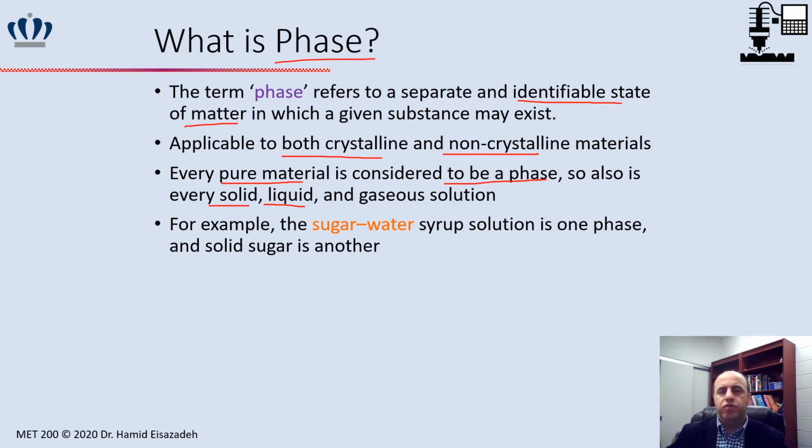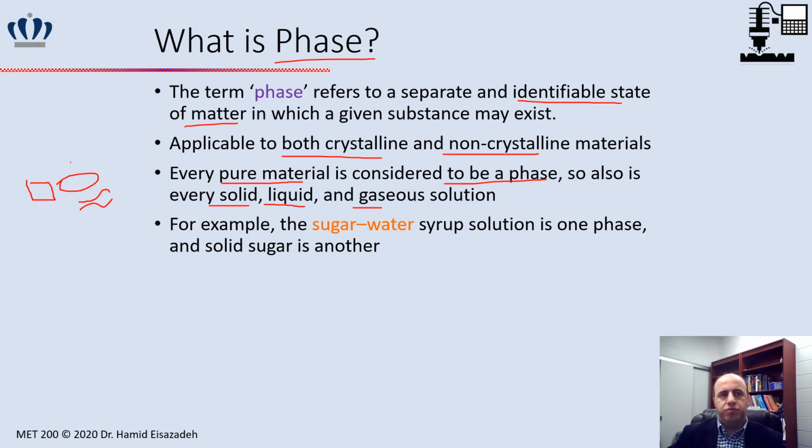If it is a vapor, then we have a separate, different phase. So if you have all these three, water in liquid form, ice, and gas, even though they have the same composition, their states are different, so we can say their phases are different.